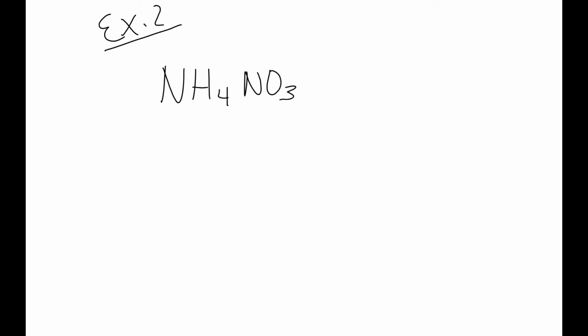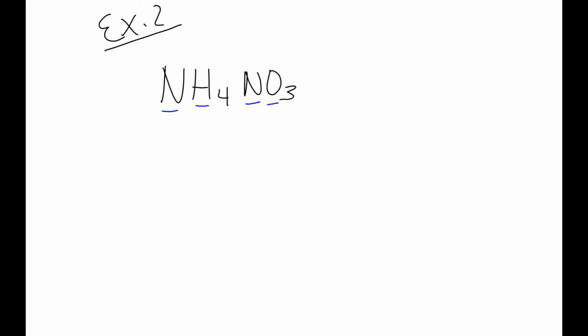Now sometimes you might end up having a whole bunch of different elements. And in this case, we have 1, 2, 3, 4 different elements. Well, we definitely know there's at least one polyatomic here. Now, if we started out calling this by nitrogen, there's no H4NO3, okay?